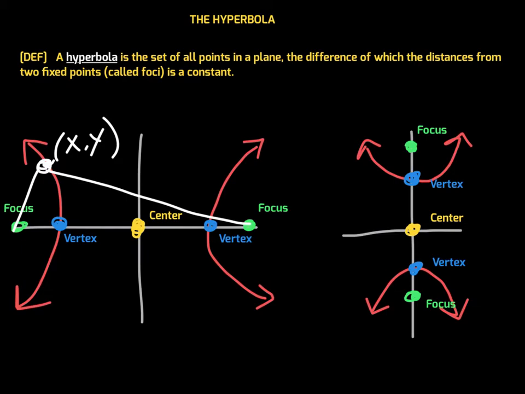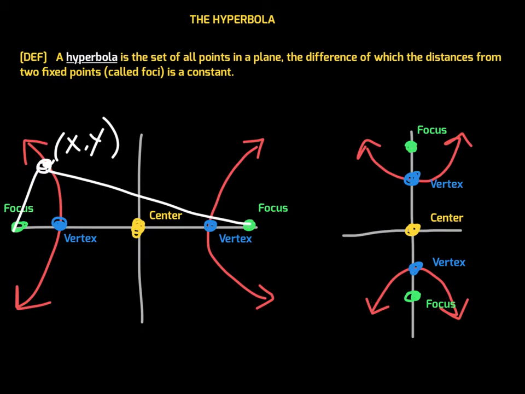So if I take another point on the hyperbola, like say over here, then the distance this point is to this focus, minus this distance here to the other focus, will be the same as the difference of the distances for this point here. This is the definition for a hyperbola. Same thing is true for a hyperbola opening upward and downward.